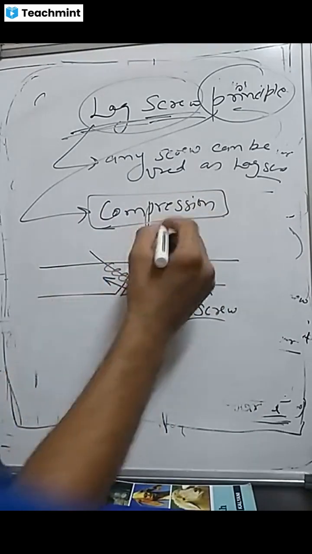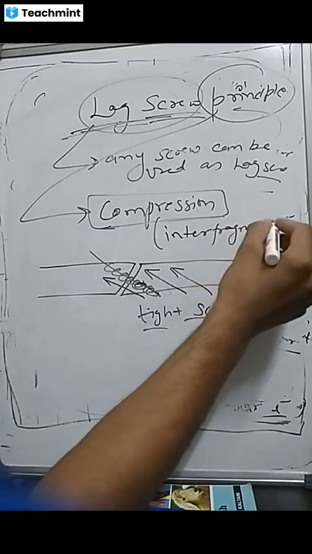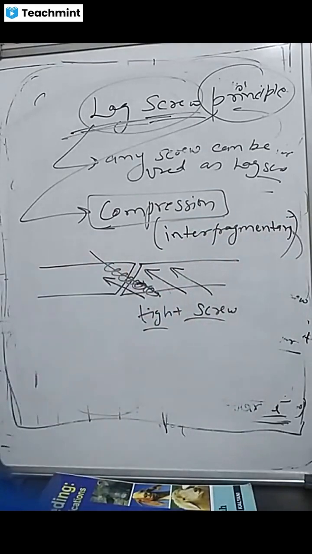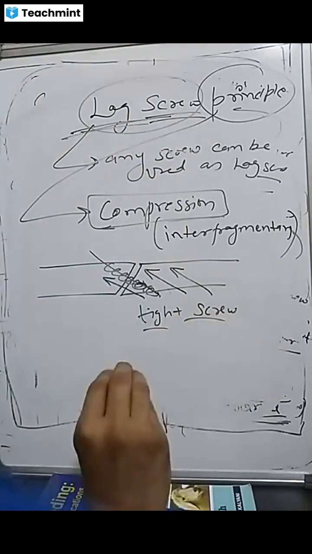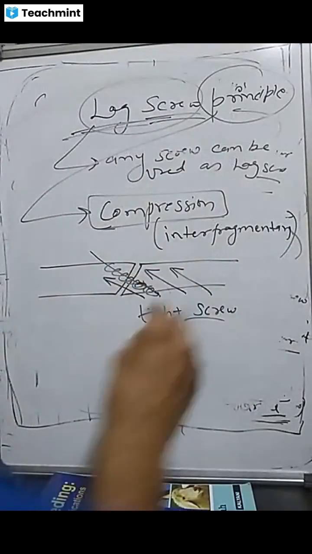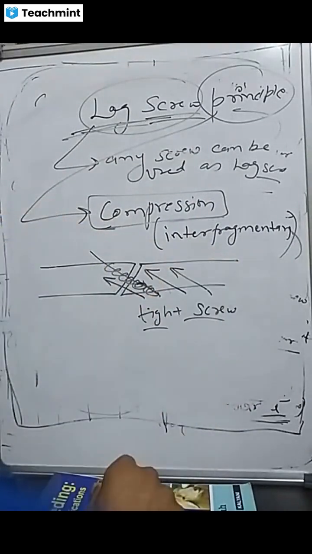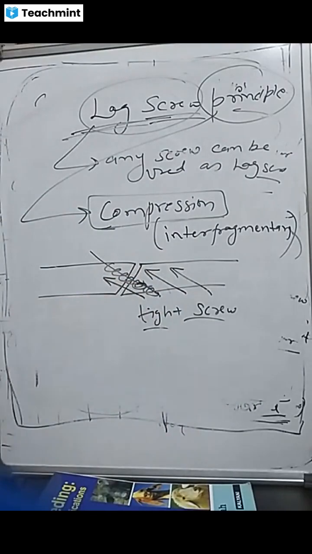This is the interfragmentary compression of the fracture fragments. So any screw, whether cortical or cancellous, can be used as a lag screw, and the principle is compression. When we tighten the screw, both ends are pulled toward each other and there is compression.